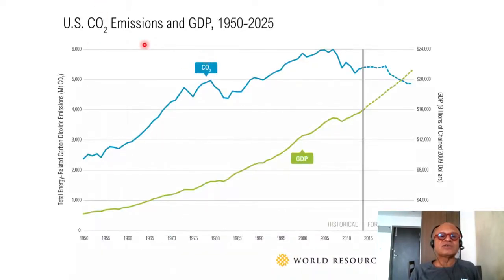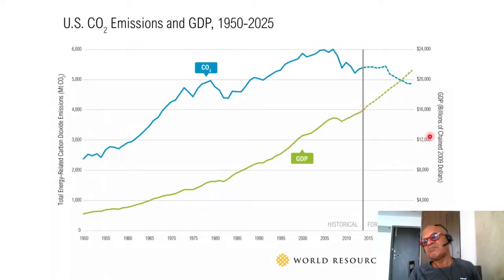Look here at the US CO2 emissions and GDP from 1950 to 2025. Again, relative. Total energy related carbon dioxide emissions in million tons of CO2 had been going up, and then it has taken a turn down, and this was in 2014. So this is GDP that had grown over the same period, and the forecast made at the time was that the GDP would continue to grow.